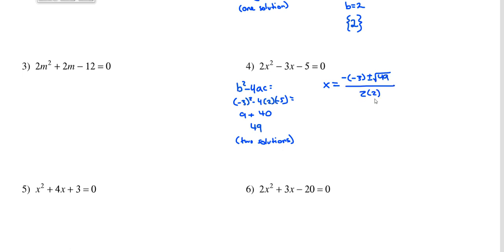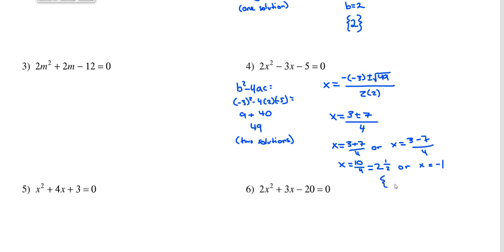So I get x equals 3 plus 7 over 4, or x equals 3 minus 7 over 4. On this first one, 3 plus 7 is 10 divided by 4, which is 2.5. On the second one, I get 3 minus 7, which is negative 4 divided by 4 is negative 1. Writing those in set notation, negative 1, 2.5. Remember to go in numerical order.